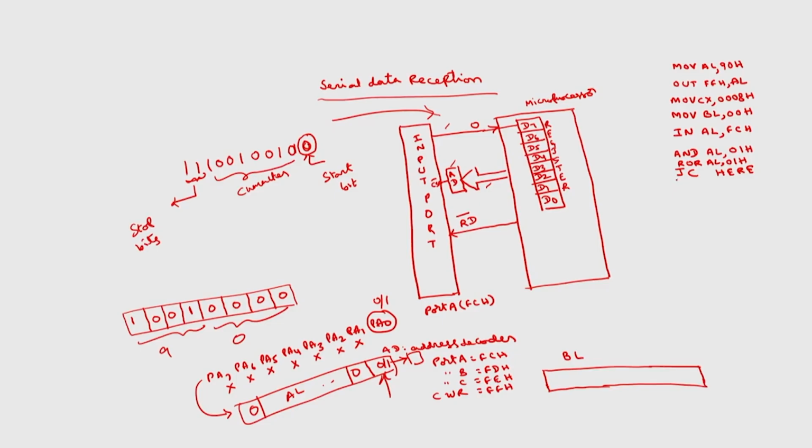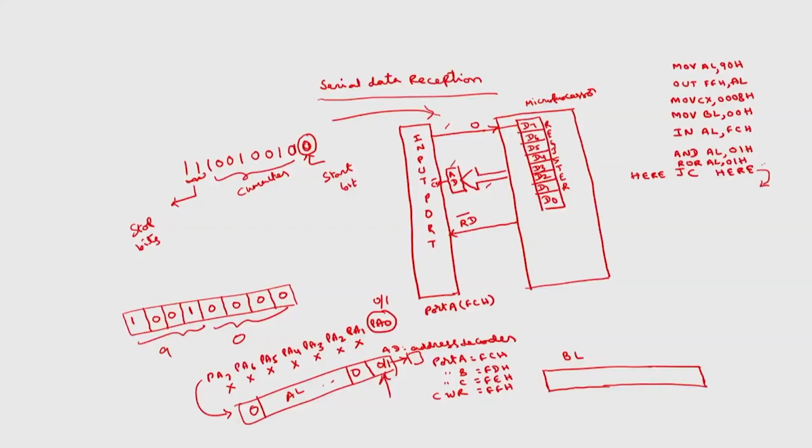Otherwise, if this is 1, it means this is not a valid character. I will wait until the last bit, which is the first received bit, will be 0. This is an infinite loop. It will come out of the loop whenever the last bit is 0, that is, the start bit is 0.